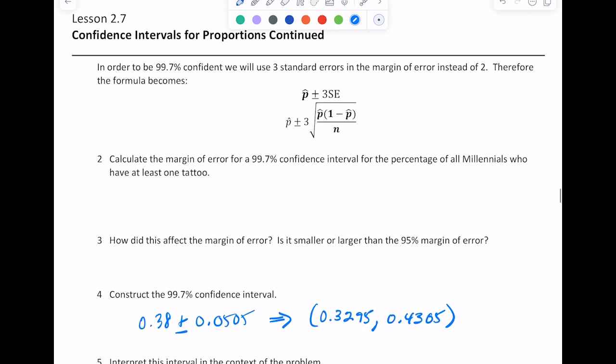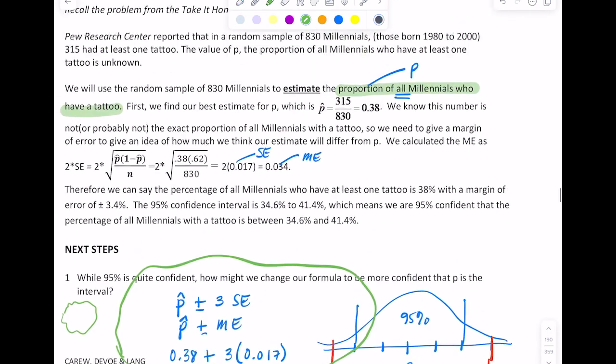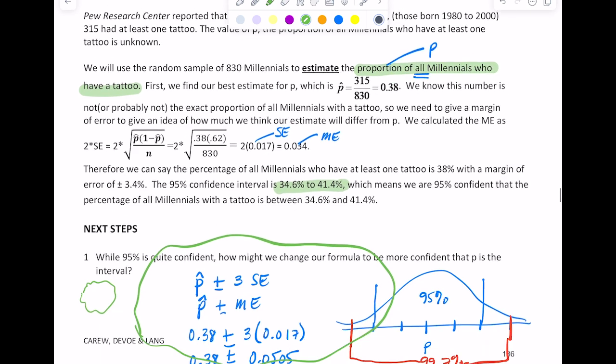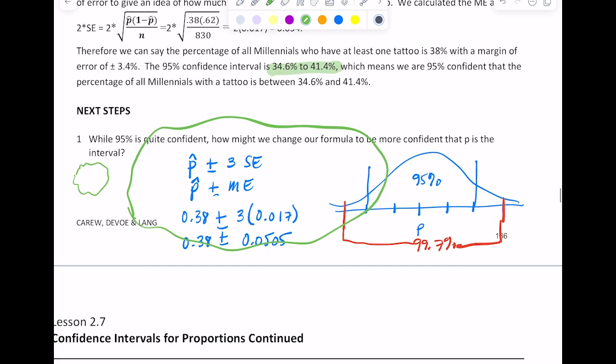So if you compare this interval here to the interval we found using the 95% confidence, you can see that it is much wider, because our lowest value for 99.7 is 32%, approximately 33%, all the way up to about 43%.